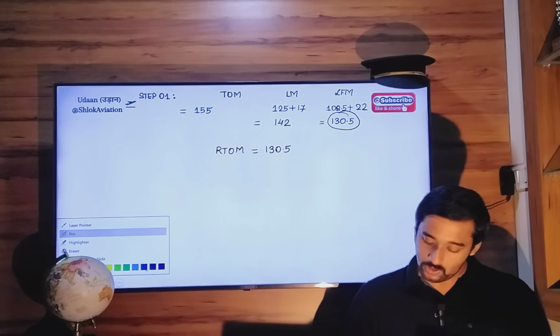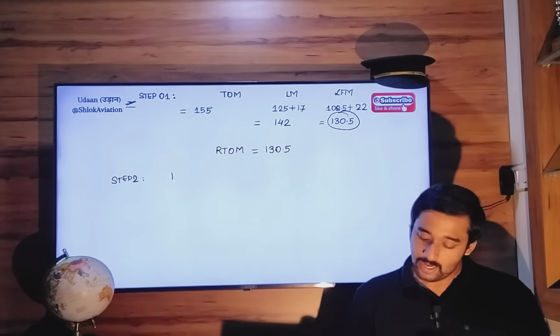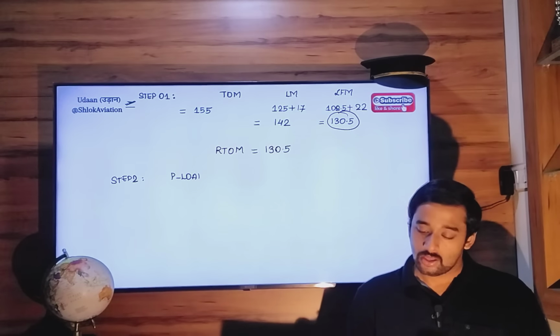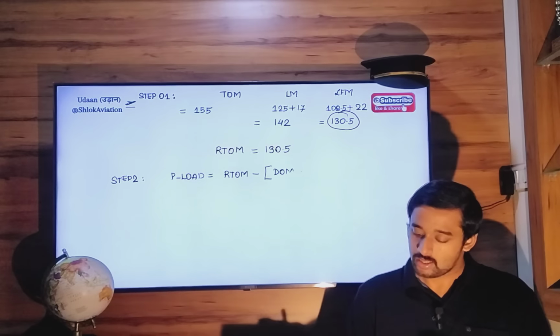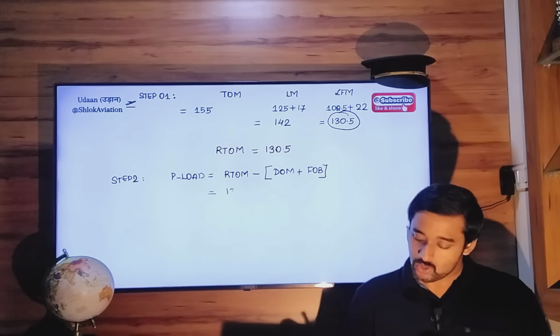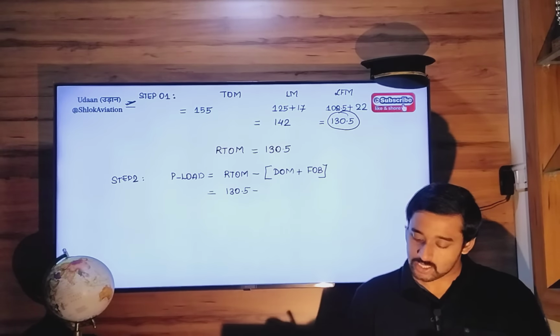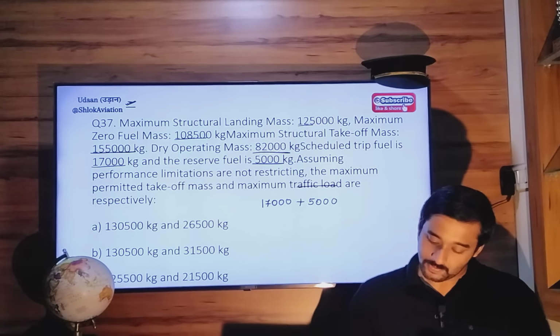Next, step 2, payload. So payload will be equal to your takeoff mass minus DOM plus fuel on board. So 130.5 minus DOM is 82,000.